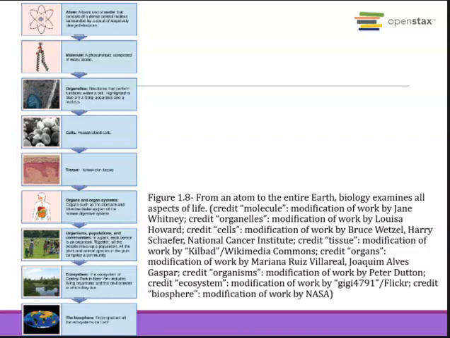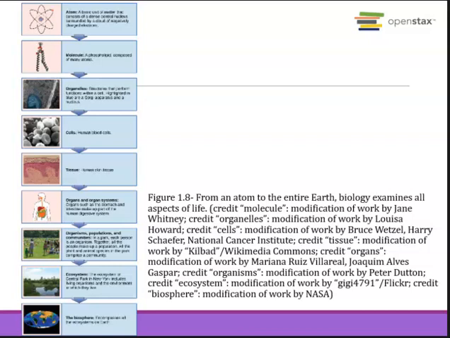And then from a population, we have a community. A community is a set of populations inhabiting a particular area. From a community, we then have an ecosystem. An ecosystem consists of all living things in a particular area together with non-living or abiotic parts of that environment. Some examples of abiotic or non-living parts include nitrogen in the soil or rainwater.